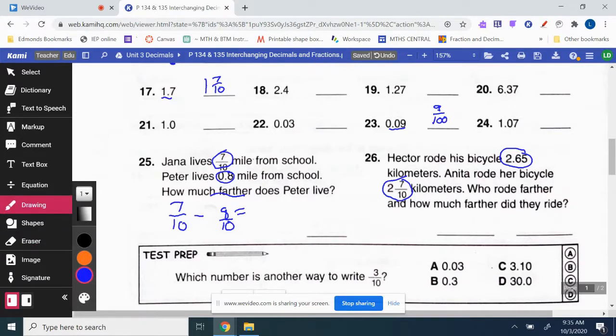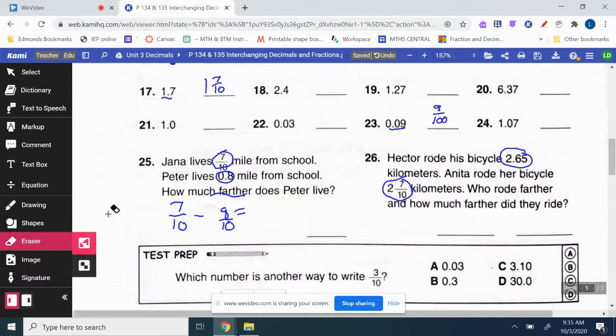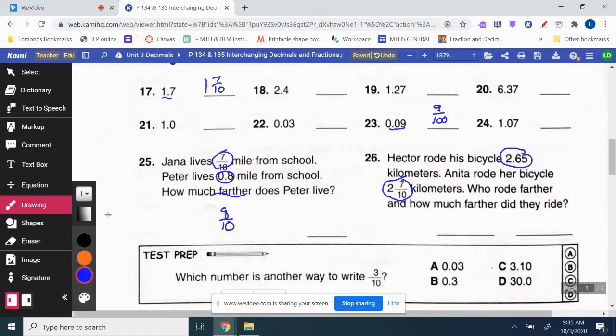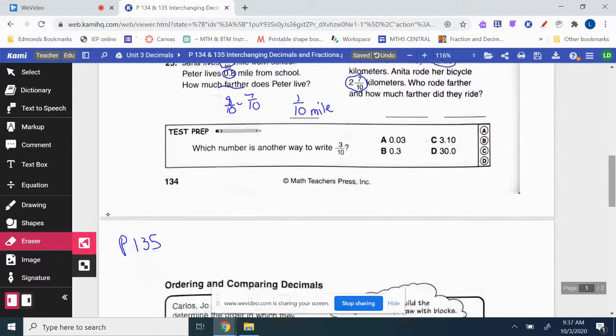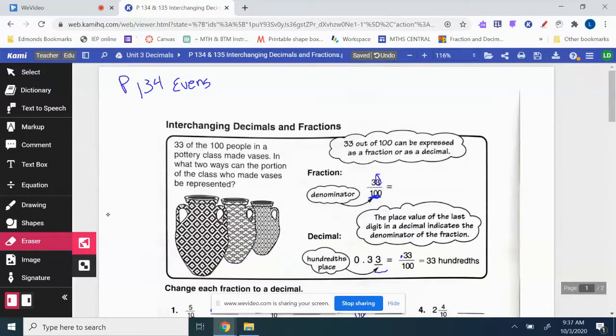And I put it in the wrong order. That's okay. We'll just erase it and go 7/10 because it says how much further does Peter live. That tells me he lives further away. So I know that 8 minus 7 is 1. And I have 1/10, and don't forget to label it. Some numbers don't like to be naked. Mile.